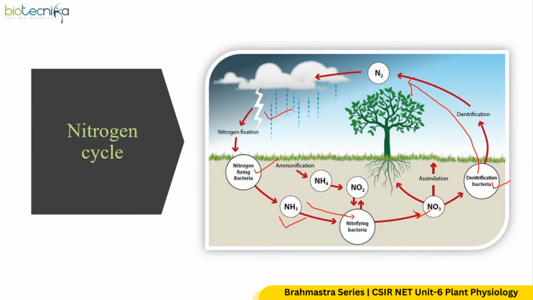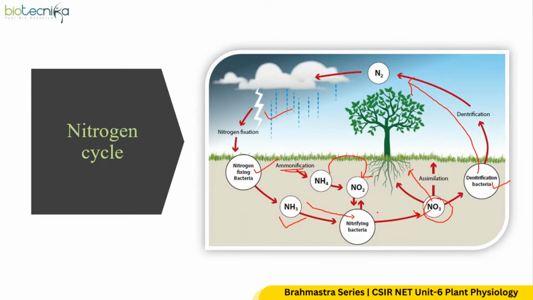Meanwhile, you will also find the ammonification process going on. That means ammonium ions get converted into nitrite, which in the presence of nitrifying bacteria can be converted to nitrate and then assimilated.